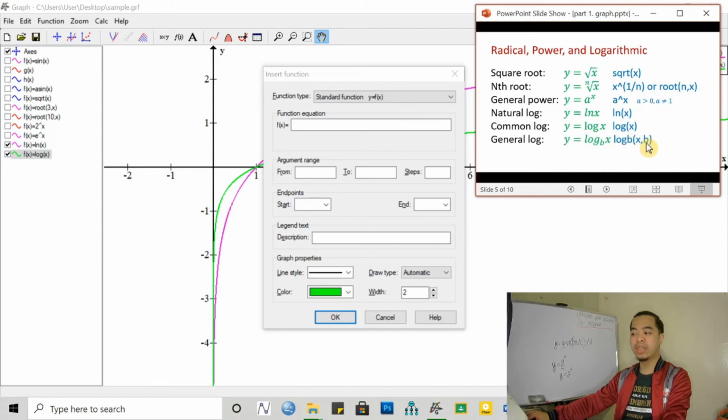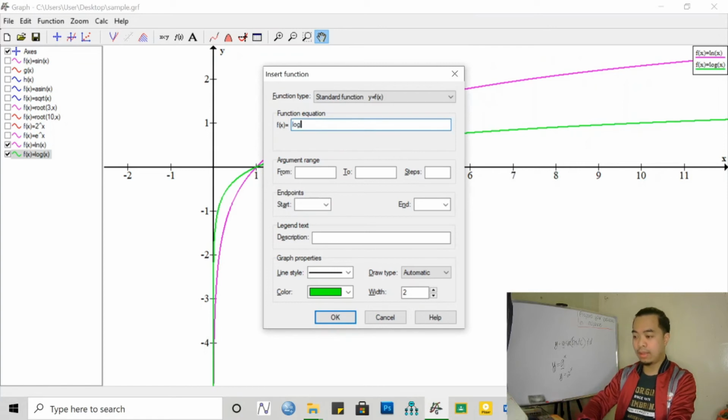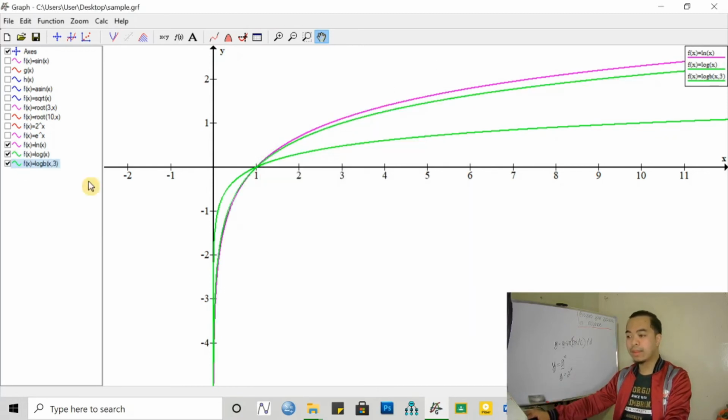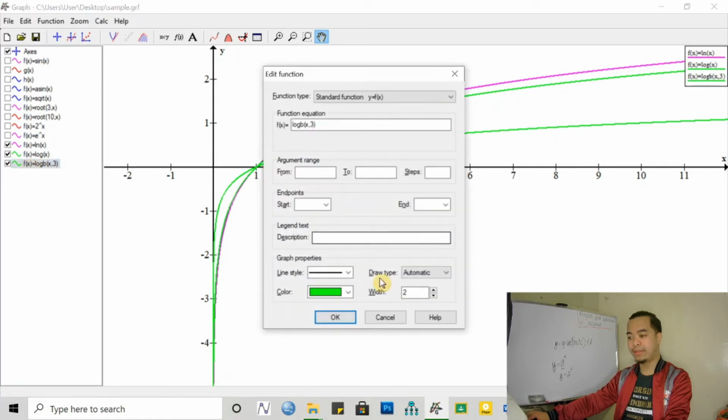We only change the second b, the b that is included in the parentheses. So log b x comma, and then the base that we want. So maybe we want 3. It will give us another graph. So these graphs belong to a family of logarithmic functions.